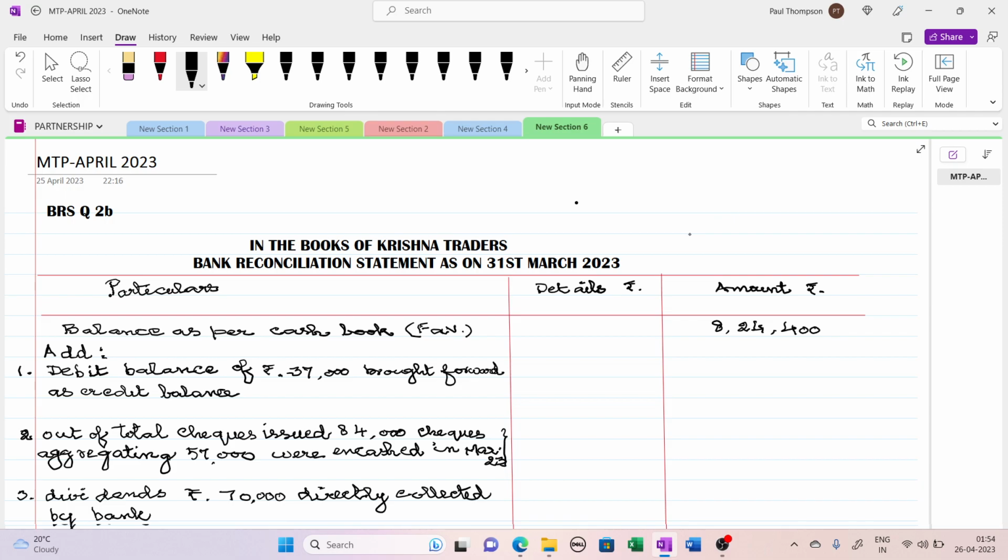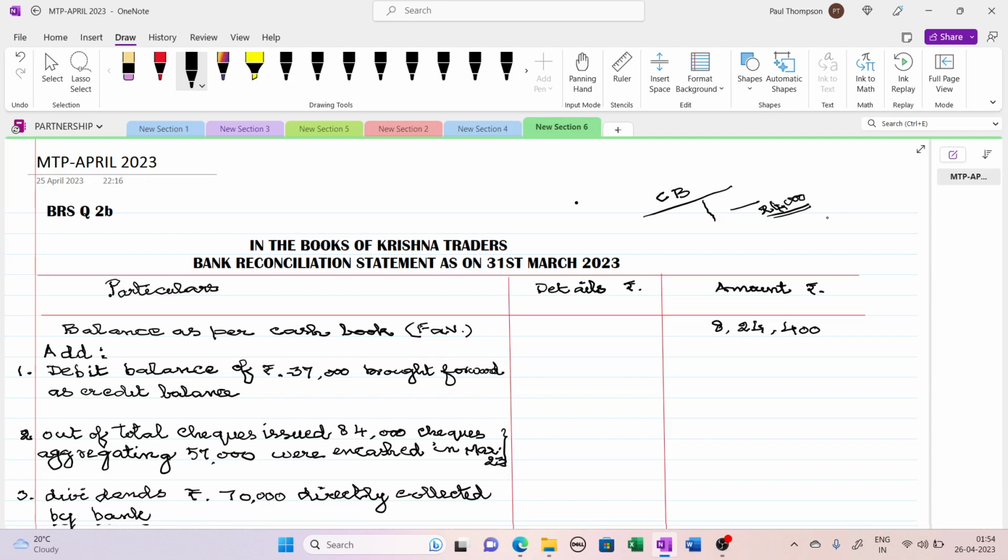Keep it in mind. The first adjustment: the payment side of the cash book was undercast by 24,000. I am taking only the bank column. So one figure of 24,000 is omitted while totaling.